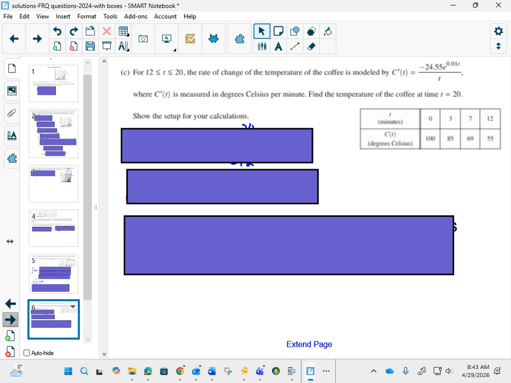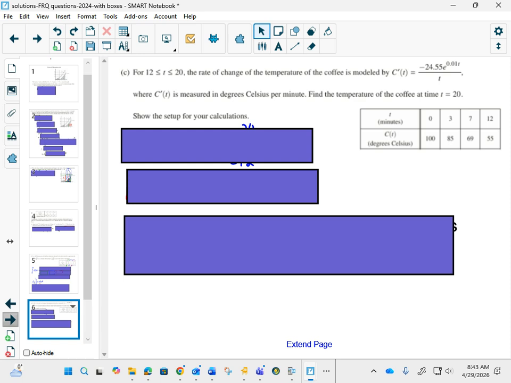And then from 12 to 20, the rate of change of the temperature is modeled by C prime of T, where C prime of T is measured in Celsius per minute. Still got the same chart there. Find the temperature of the coffee at time equals 20. So what do we know? We know at time 12, the temperature was 55.